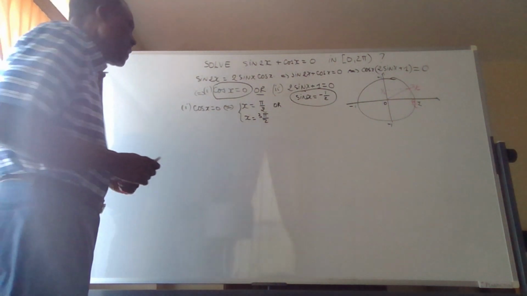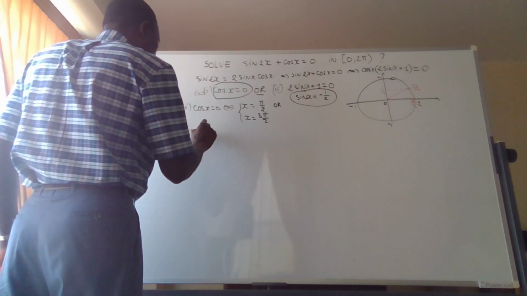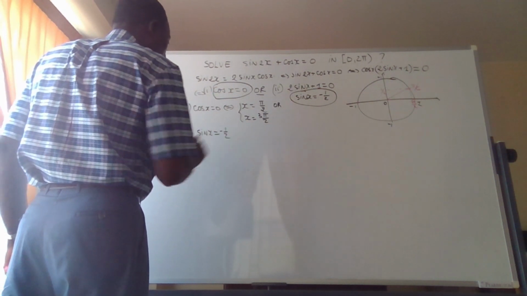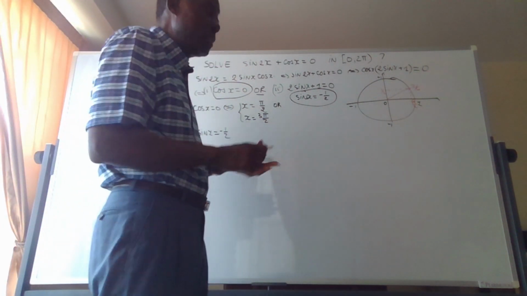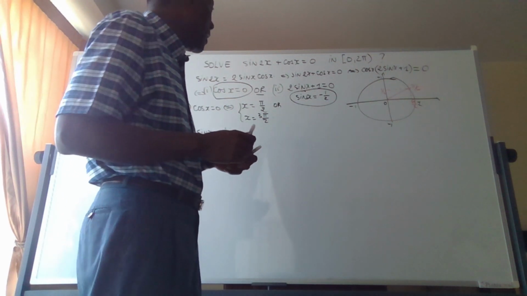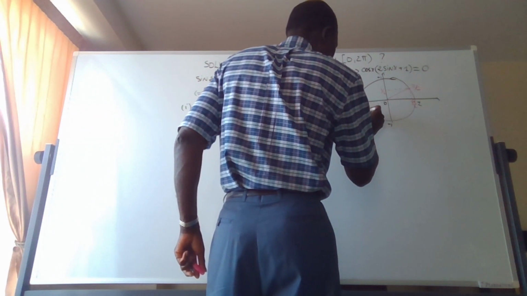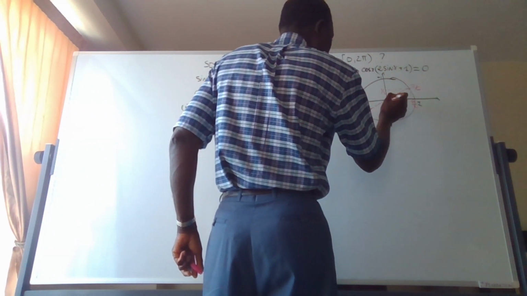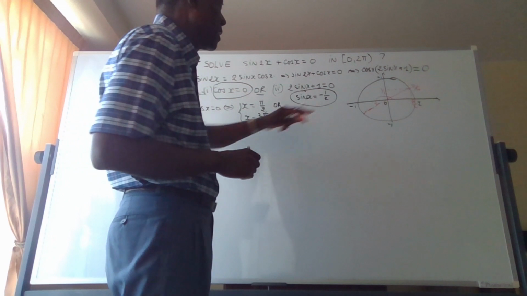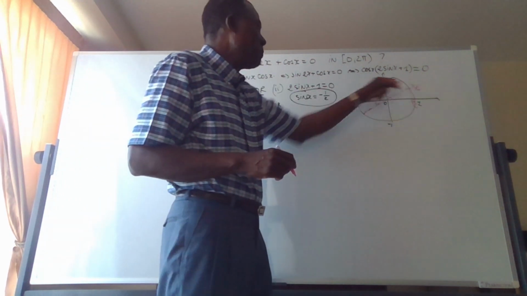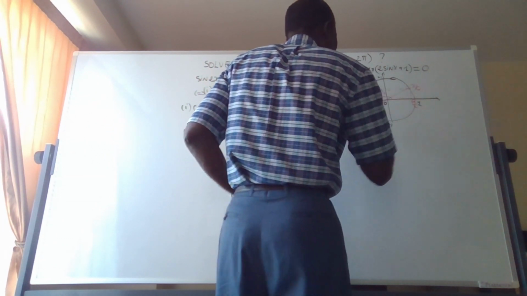Now let's look at the second case, where we have sin x equals minus 1 over 2. Look at the trigonometric circle. Sin x equals minus 1/2 is going to be this angle here, which is pi plus pi over 6, so it's going to be 7 pi over 6.